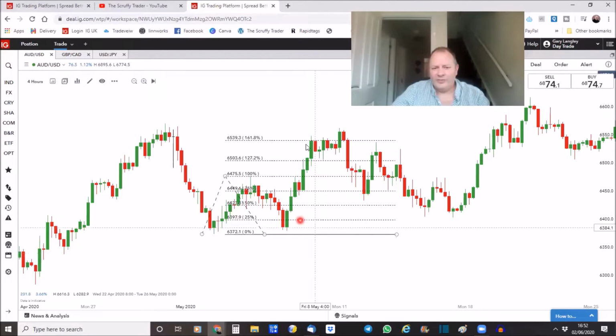And sure enough, there it is there. It's respected fantastically. And it's uncanny how often it does it. And if you look at the way these have been made up, this set of candles, you've re-entered the market down here because it's a nice level and you've bought it somewhere here.